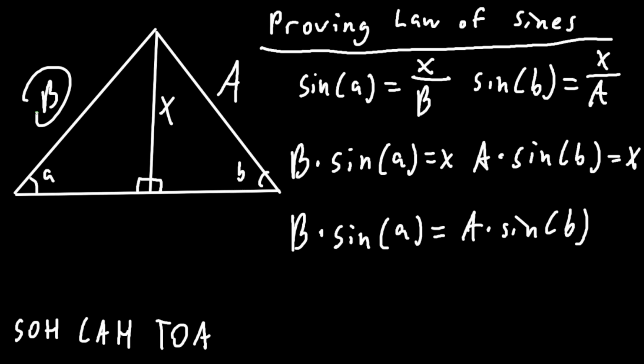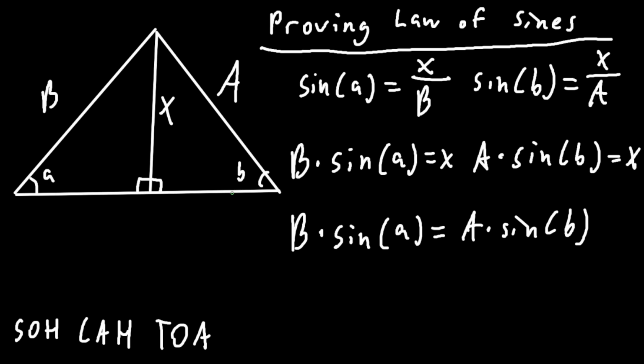You could just look at B, A, angle B, angle A. But usually we like to keep them as pairs. We want angle A and side length A to be on the same side of the equation.